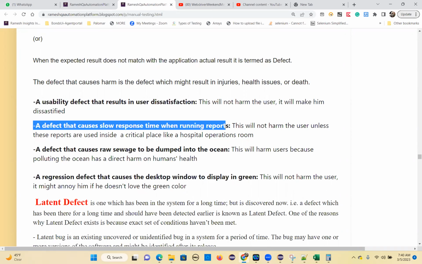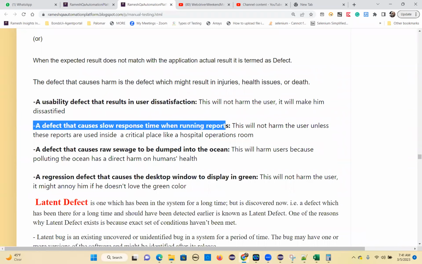Or in the search, you selected multiple options, you clicked on search, and it is loading slowly for you. Or you are retrieving reports.